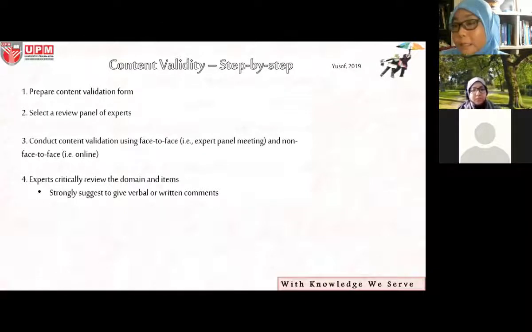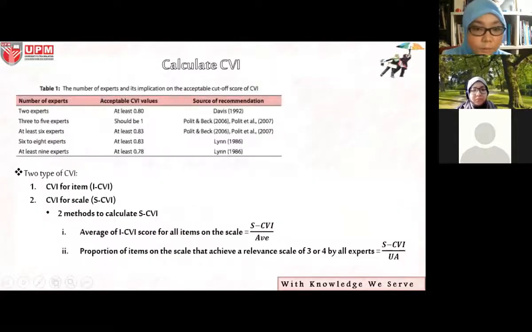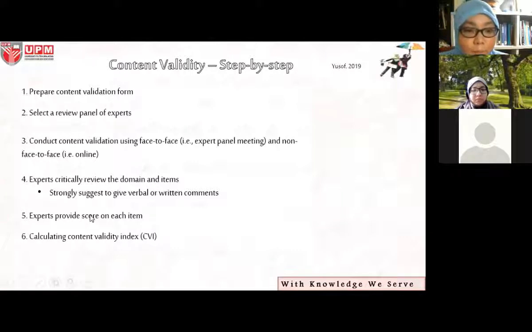Content validity ni biasanya kita akan buat face-to-face, preferably, sebab senang for us to get the feedback from the experts. Experts critically review the domain and items by giving suggestions, sama ada verbal ataupun written. And then experts provide a score on each item and then calculate the content validity index.